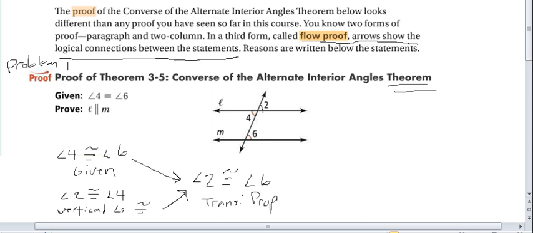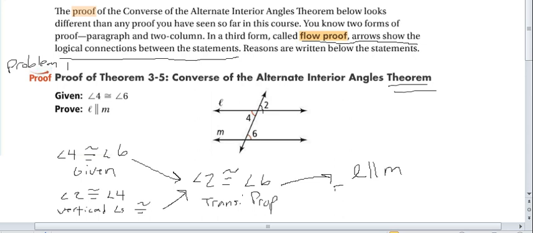So if 2 and 6 are congruent, then we can say, with another arrow, line L is parallel to line M, because if corresponding angles are congruent, then L is parallel to line M.